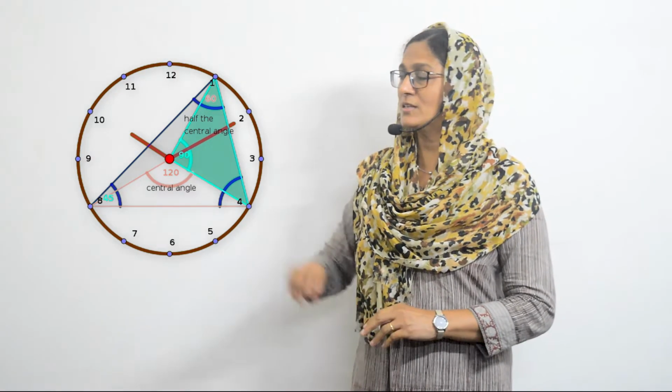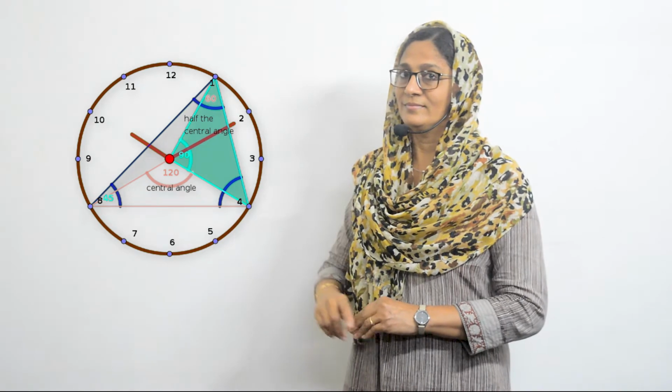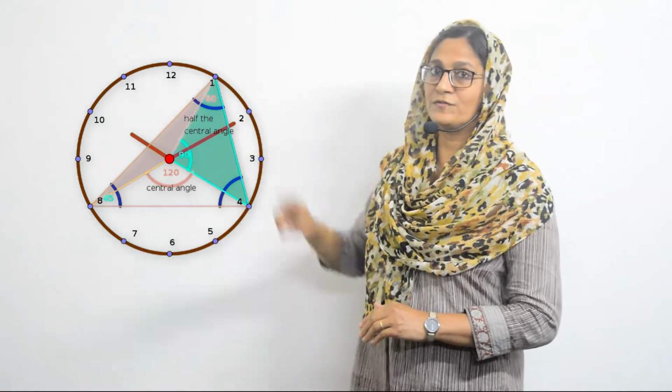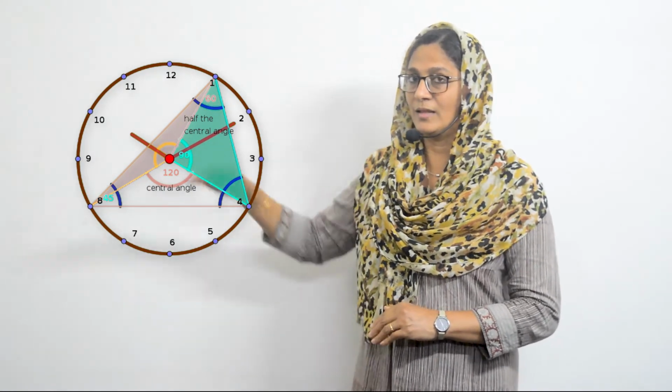Now let us consider from 8 to 1. There is a distance of 150 degrees. That will be the central angle over there. And the opposite angle over here will be half of it, 75. Well, we have seen the angles of the triangle: 60 degrees, 45 degrees and 75 degrees.